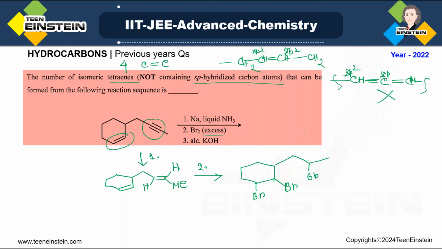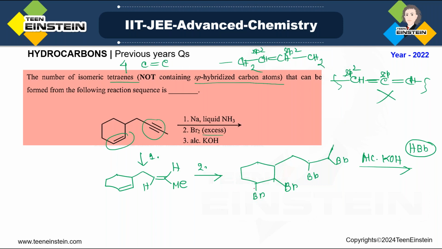One, two, three, 4. So don't forget the methyl group. Whatever the stereochemistry is, that is not important. Next, we are adding alcoholic KOH. When we add alcoholic KOH, we want to remove the HBr fragment. Now, there are a total of 4 Br atoms, so HBr removal must happen 4 times.